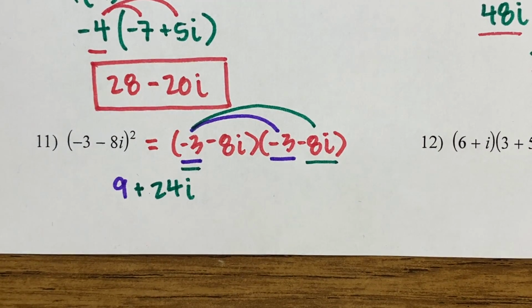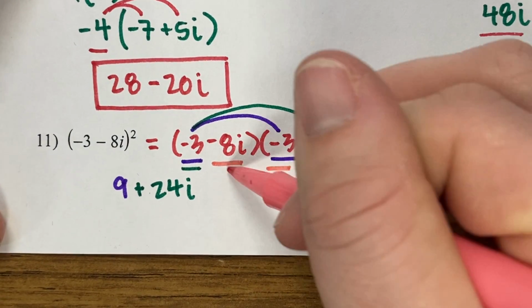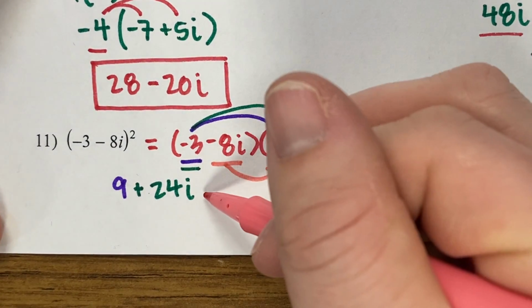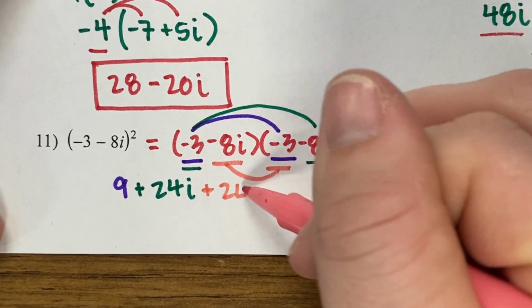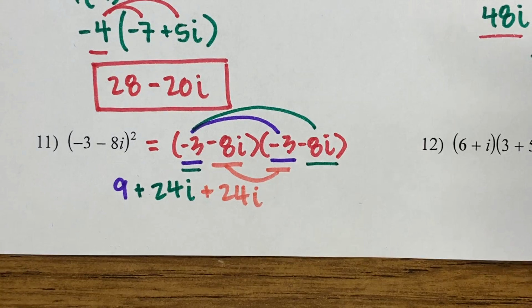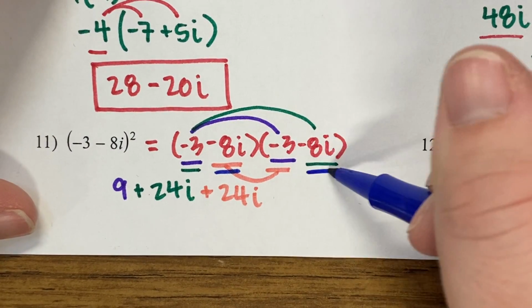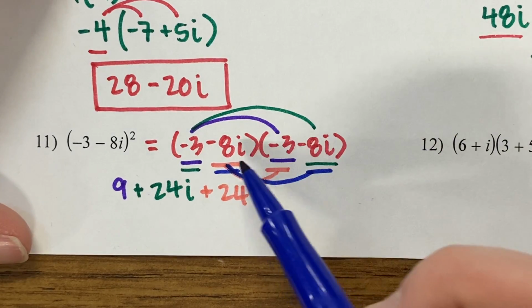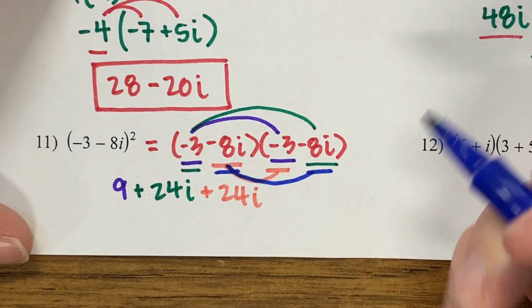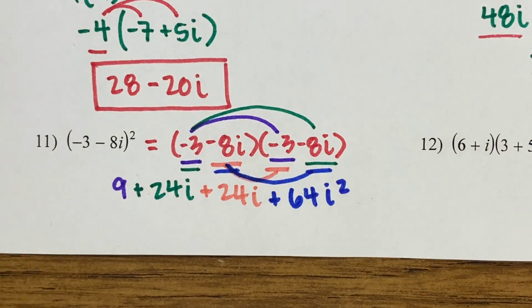Then I have my inside terms, negative 8i times negative 3 again, so another positive 24i. And then L stands for last. So last term times last term. Negative 8i times negative 8i is positive 64i squared.